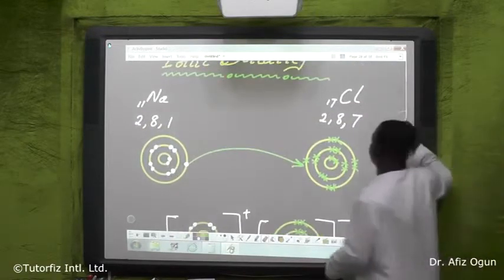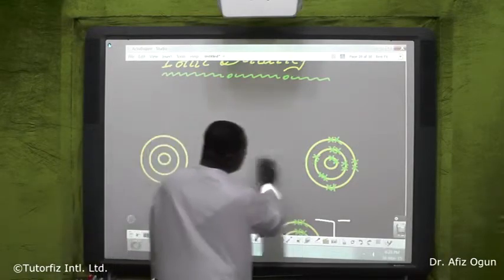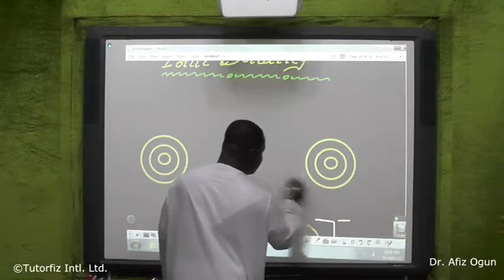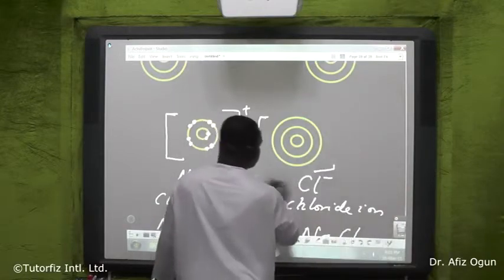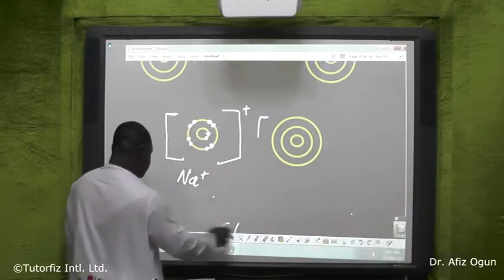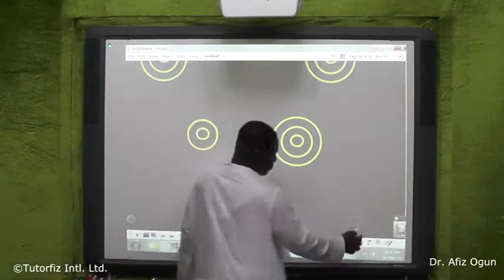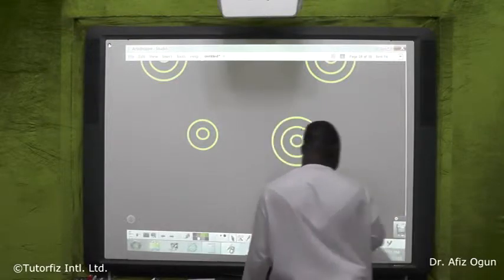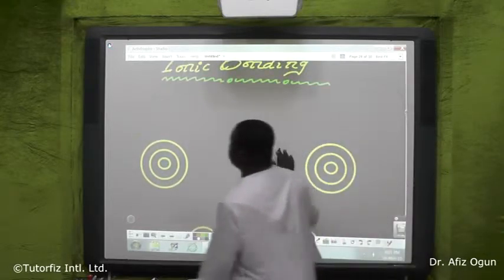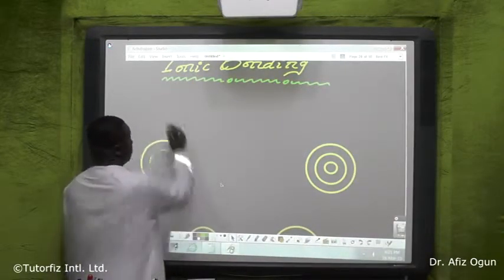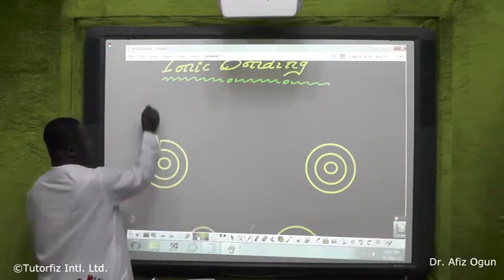Now we want to look at the ionic bonding between magnesium and oxygen, and between magnesium and chlorine.